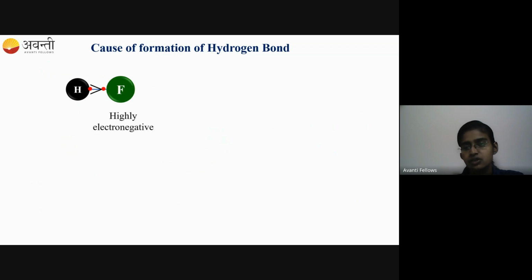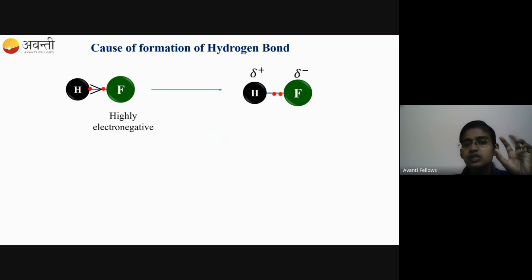Since it is highly electronegative, it will pull the electrons towards itself. Since it is gaining the electron from hydrogen, it takes a partially negative charge and hydrogen takes a partially positive charge. Now the molecule is polarized, denoted by plus and minus.